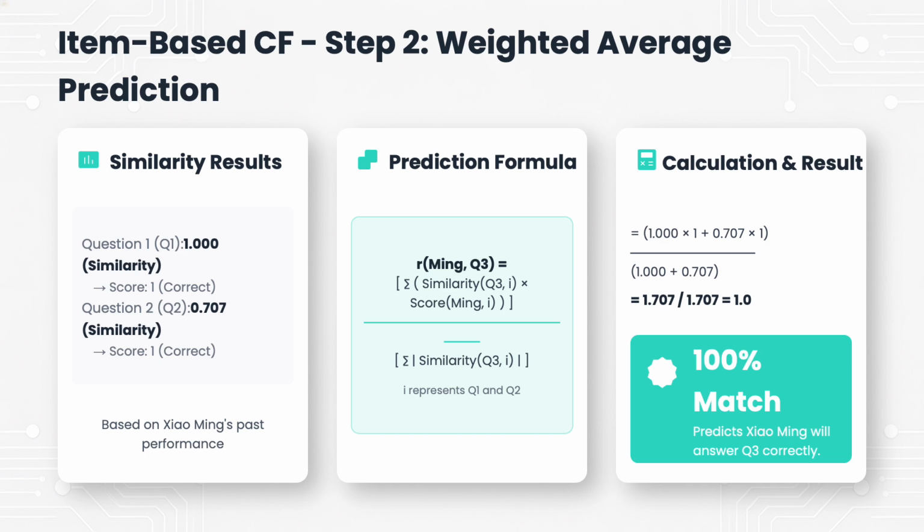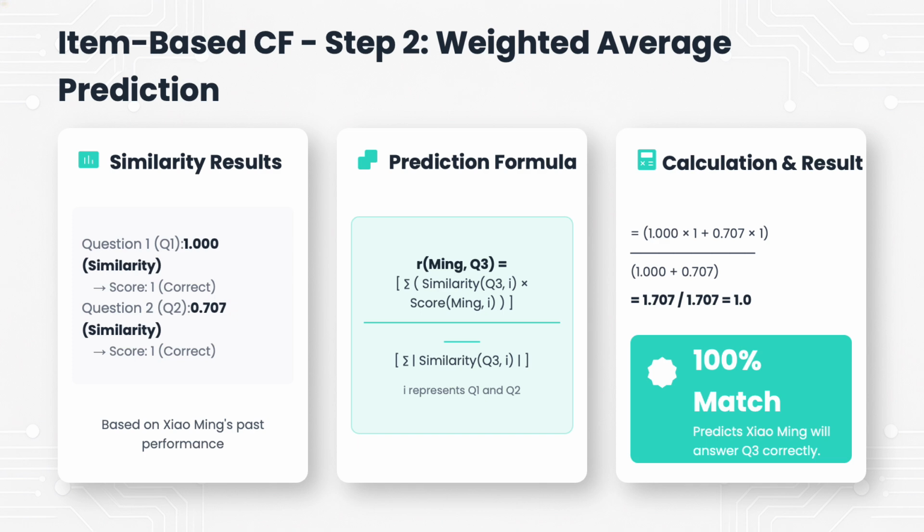He got both right. We use the same weighted average formula again. We multiply Xiaoming's score on each similar question by the question's similarity to Q3, sum those up, and divide by the sum of the similarities. The calculation is 1.000 by 1 plus 0.707 by 1 divided by 1.000 plus 0.707.